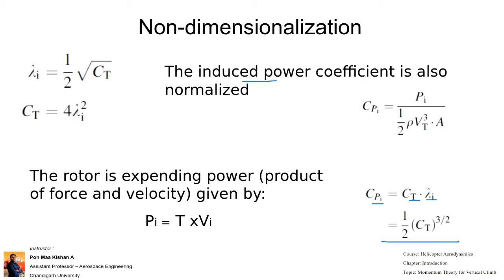When we substitute that, we get Cpi equal to half Ct power 3 by 2. This is what we get in the end for the power coefficient.